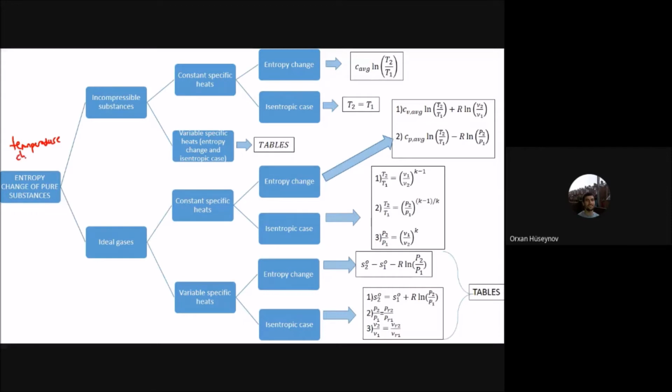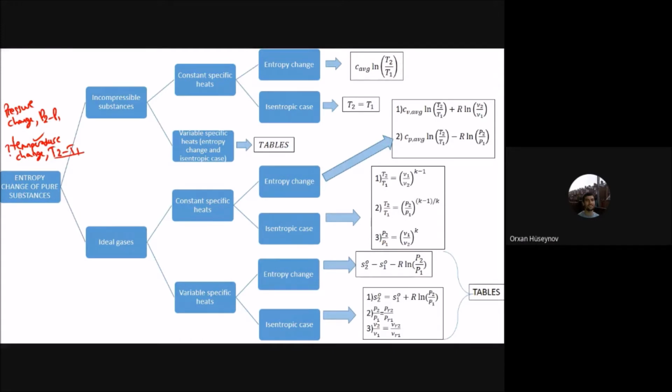When you say the temperature change, for example, T2 minus T1, you have some formula to find T2 minus T1. Or if you have the pressure change, P2 minus P1, you have a formula for that too.